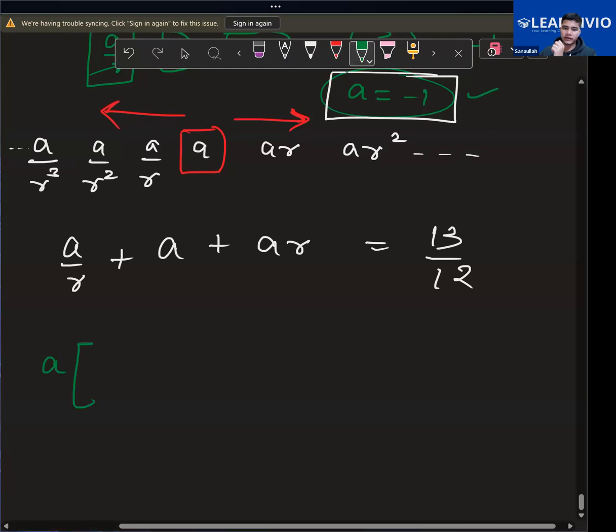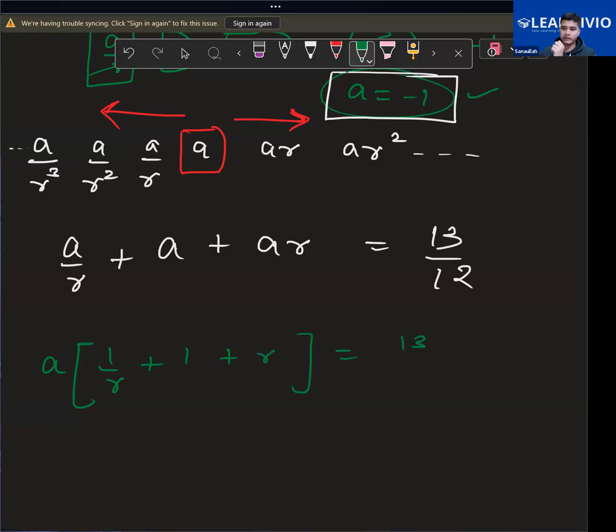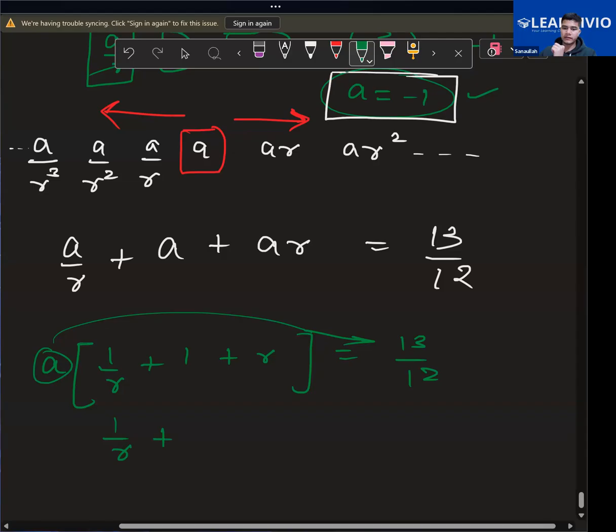Let's take A common, and we have 1 by R plus 1 plus R is equal to 13 over 12. Since A is minus 1, I can take that A to the other side. It will be minus of 13 by 12. So 1 by R plus 1 plus R will be minus of 13 by 12.